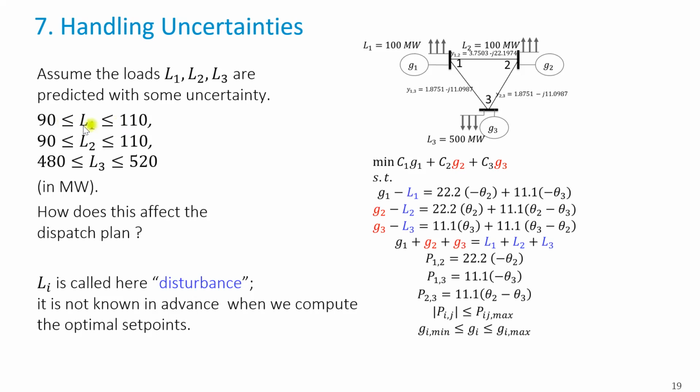Here, I'm assuming we have 10% uncertainty on L1, L2, and a bit less on L3 here, which is typically the case. The larger the loads, typically the less the uncertainty is. This is here due to load consumption. Of course, there is always uncertainty about the load consumption because it depends on human activity, but it's very, very predictable.